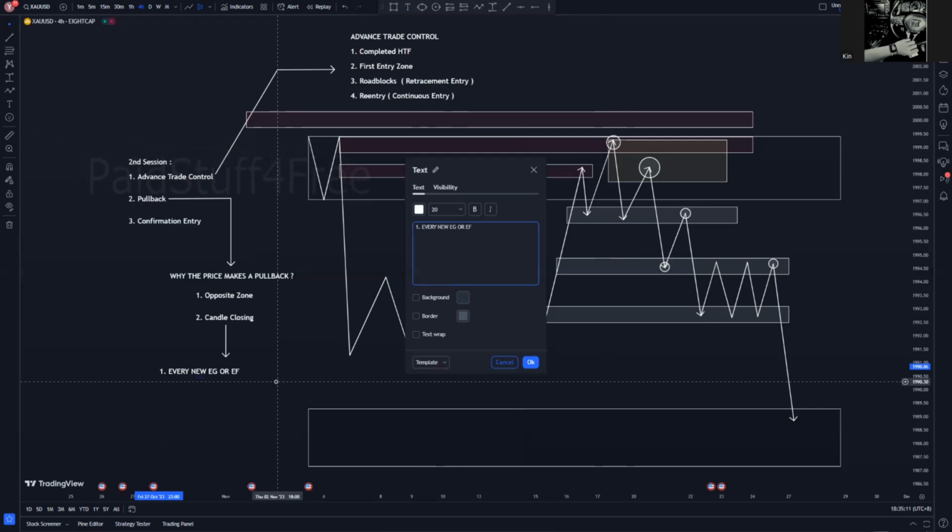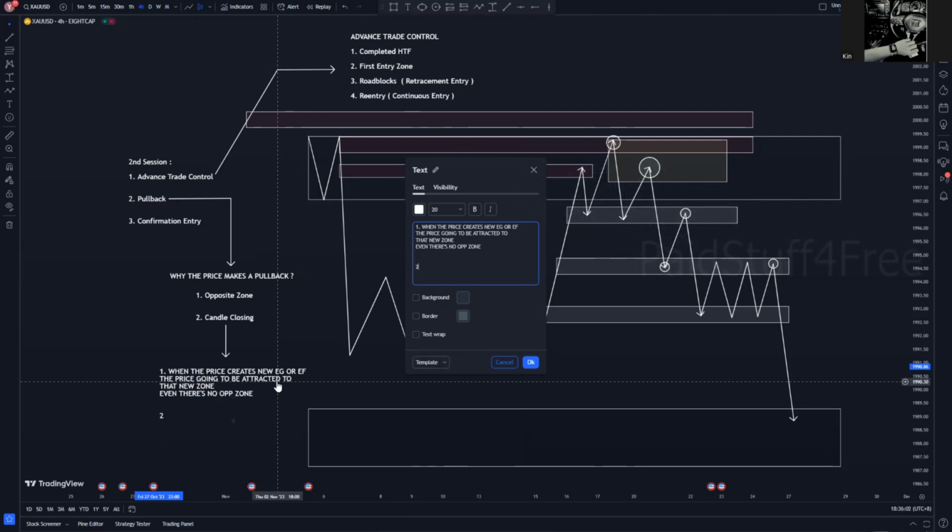When the price creates a new EG or EF, the price is going to be attracted to that new zone, even if there is no opposite zone. So that is the first one.